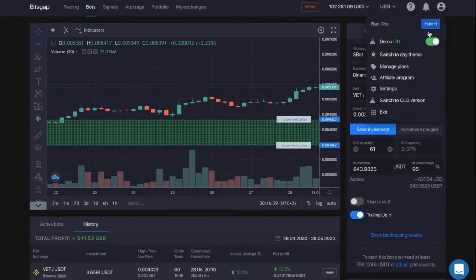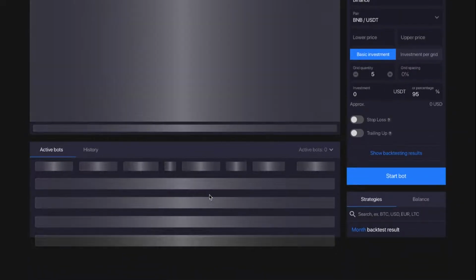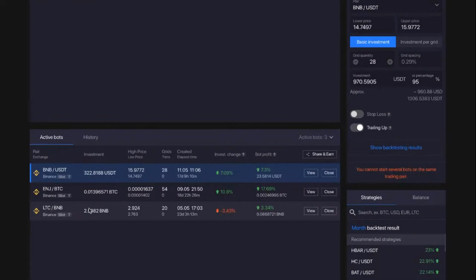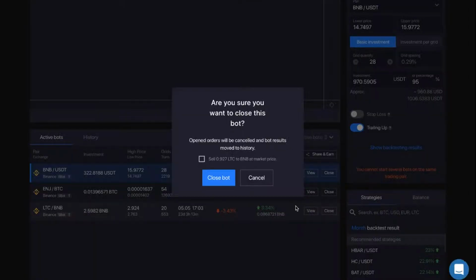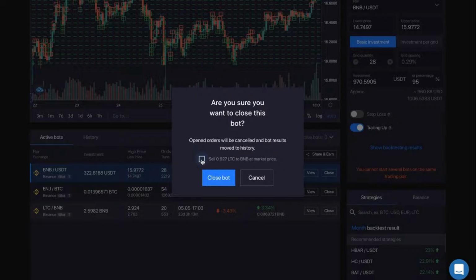Let me show you this example once again on the real account, how to close it. Let's say Litecoin to BNB. I click on close. When it comes to real account trading, it has an option to sell my left LTC, my base currency, to BNB at market price automatically.